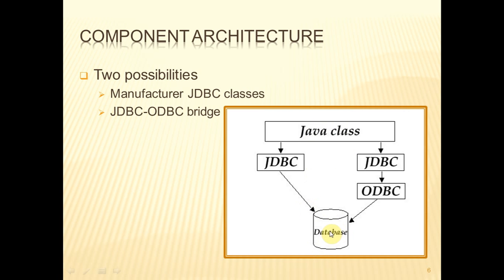If the database manufacturer has provided a set of classes, Java classes, for connecting to databases, these are known as JDBC classes, then we can use those classes directly from our program. On the other hand, if, like with Microsoft Access, the database manufacturer has not provided JDBC classes, then what we can use instead is what is known as the JDBC ODBC bridge.